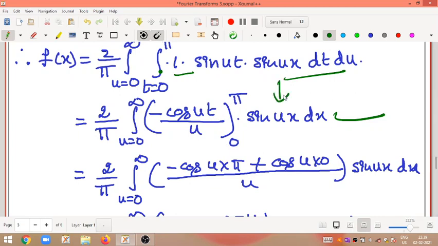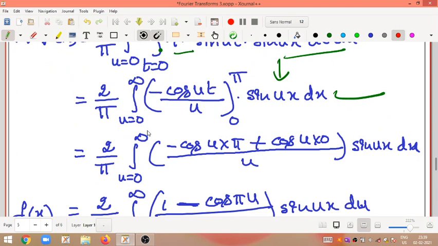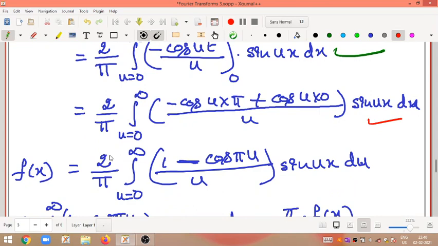So this term we write as it is: 2/π times the integral from 0 to infinity of minus cos ut by u, applying the upper limit, minus cos uπ, and applying the lower limit, minus into minus, that is plus cos u·0, divided by u, into sin ux du, right, as it is.